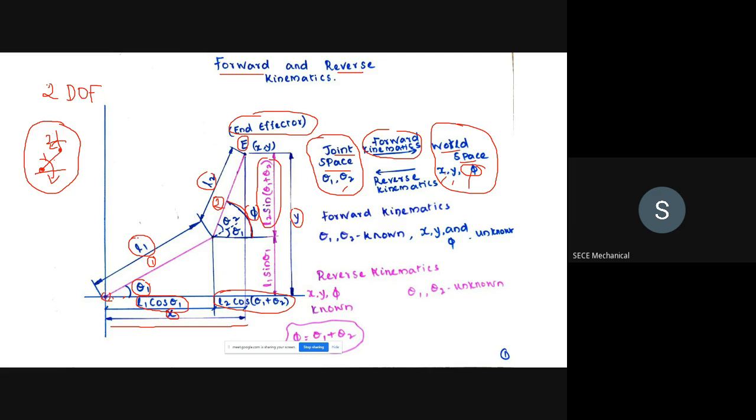If we give x, y, and phi values, and you are supposed to find theta 1 and theta 2, then it is said to be reverse kinematics. There is a difference between forward and reverse kinematics. Of course, in both you are going to find the length and angle, but you are not going to find the force, because in kinematics we are not going to consider force. So this is the basic difference between forward and reverse kinematics.